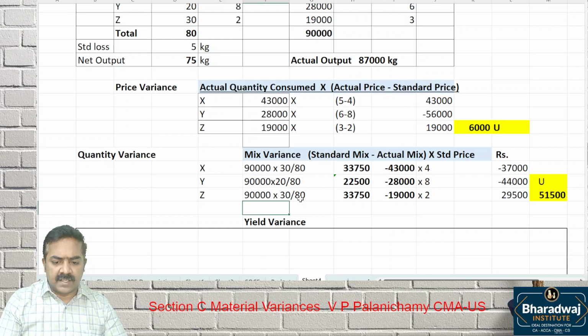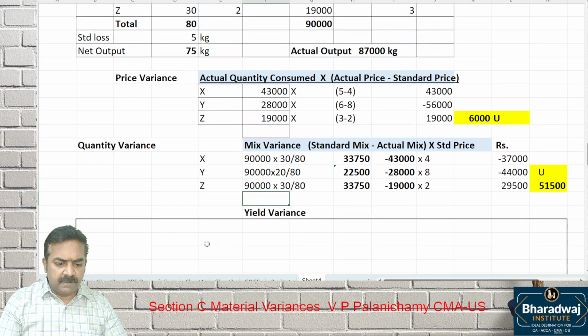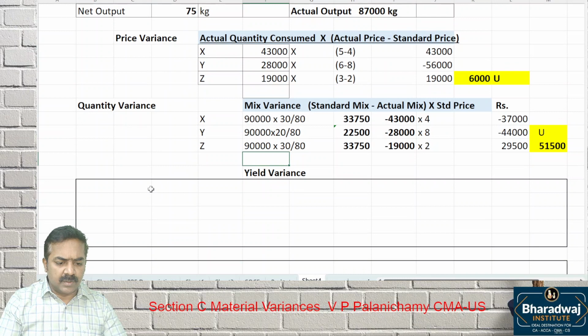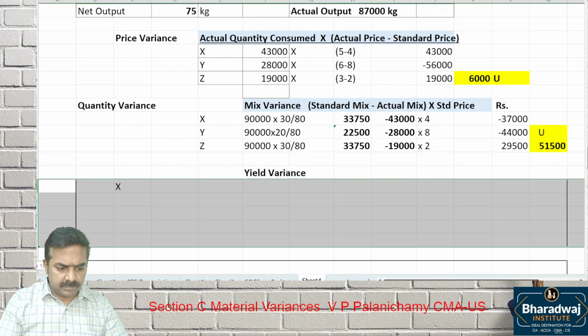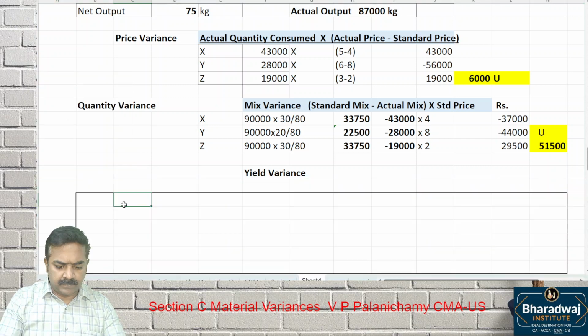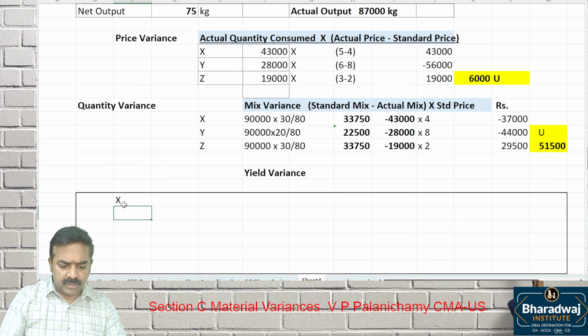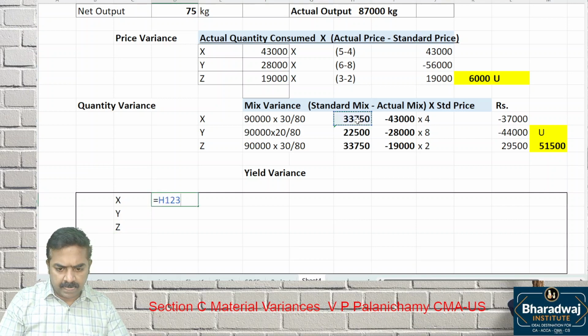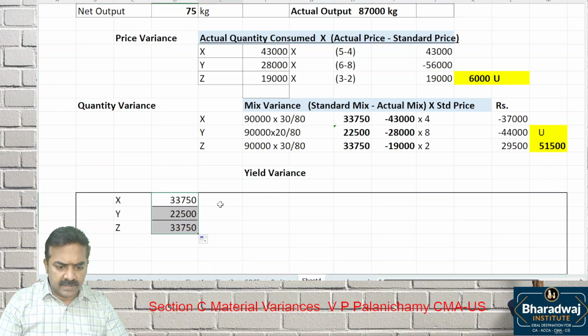Yield variance arises. See, for XYZ, what is the standard quantity? XYZ, what is the standard mix? This is the standard mix, into what is the standard price?